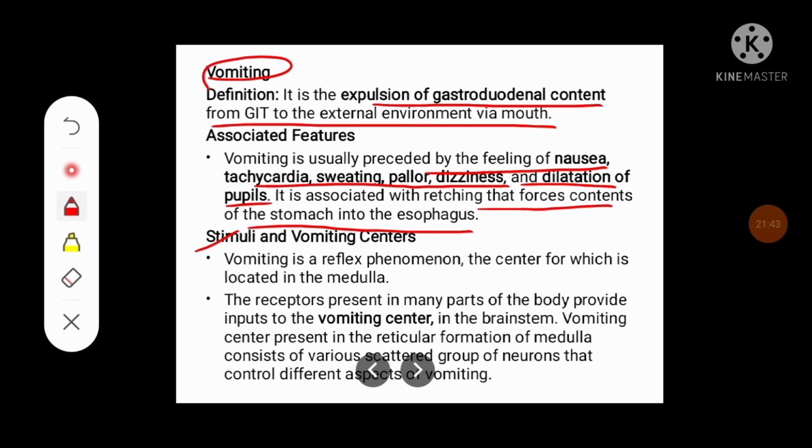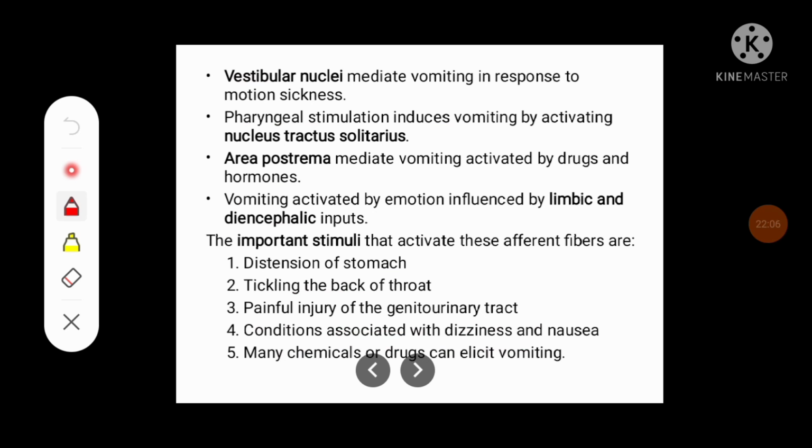What are the stimuli? Vomiting is a reflex phenomenon, the center for which is located in the medulla. The receptors present mainly in the upper part of the body provide inputs to the vomiting center in the brainstem. The vomiting center is present in the reticular formation of the medulla and consists of various scattered groups of neurons that control different aspects of vomiting.